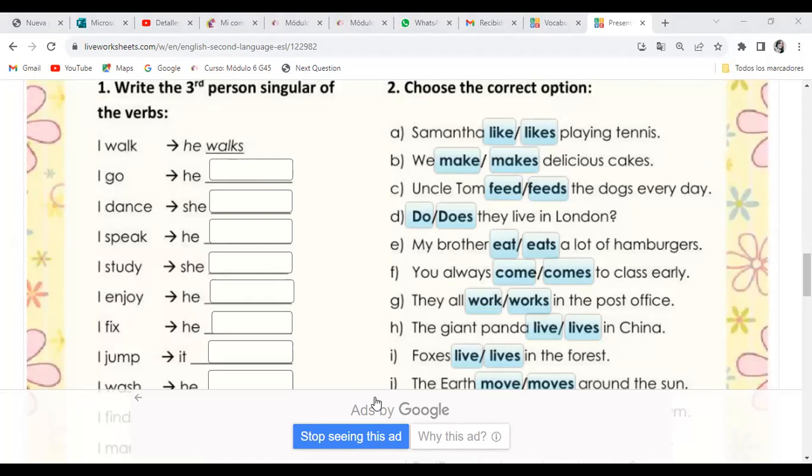Remember that this session is for you guys, so you can lead this session. Your participations are very welcome. So, anybody, guys? Any volunteers? ¿Alguien me quiere ayudar a conjugar estos verbos en tercera persona? ¿Algún voluntario, voluntaria?